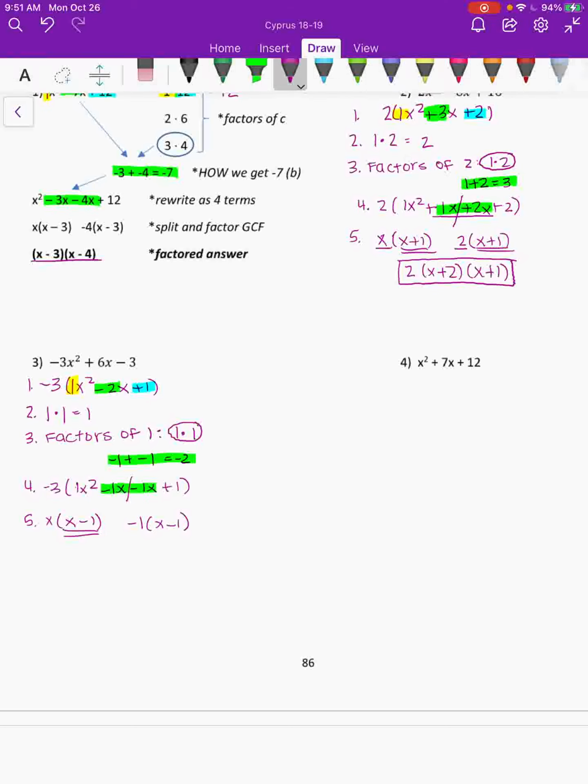So it's a good thing we have matching binomials. Our common binomial there, and then we have x and minus 1. So now I can write my final answer. That negative 3 comes back out front, x minus 1, and x minus 1.